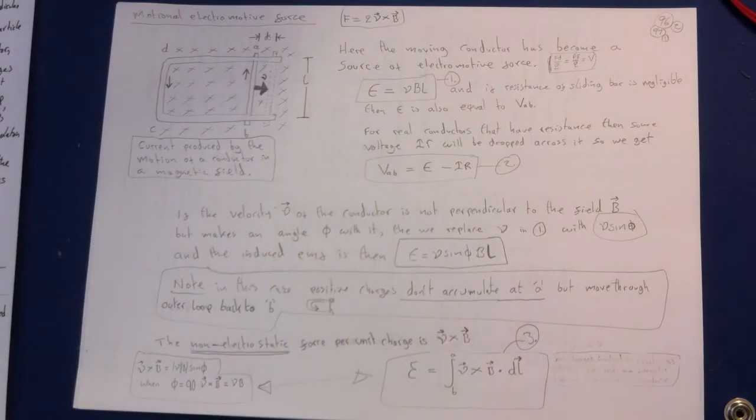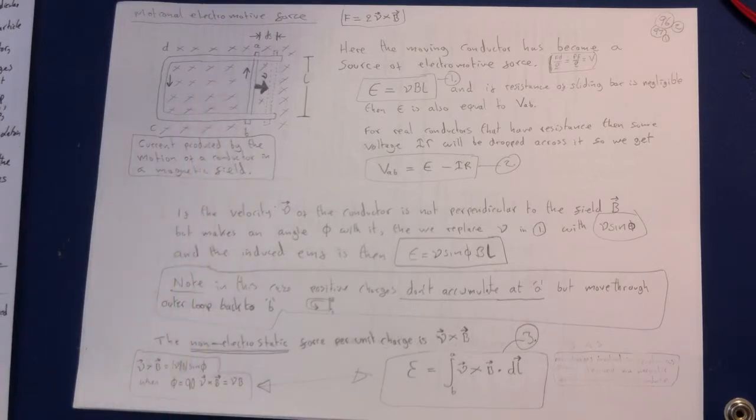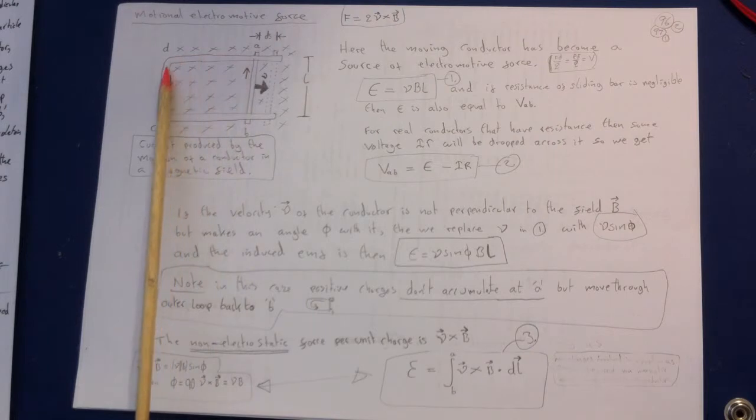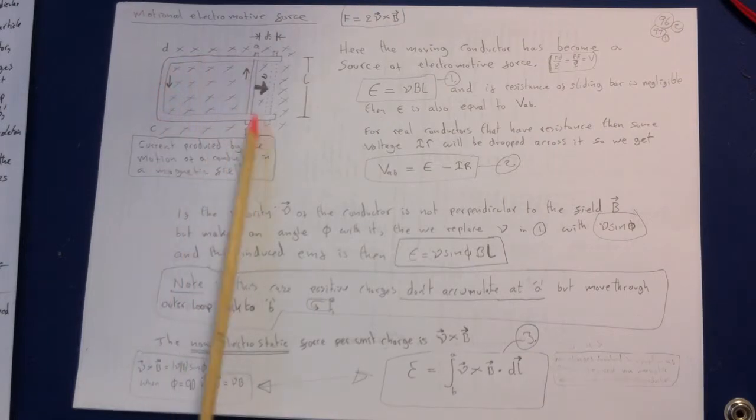Now suppose the moving conductor slides along a stationary U-shaped conductor, as in this figure. No magnetic force acts on the charges in the stationary conductor, but it lies in the electrostatic field caused by the charge accumulations at A and B. So this part here is not moving with respect to the magnetic field, although this bar is moving.